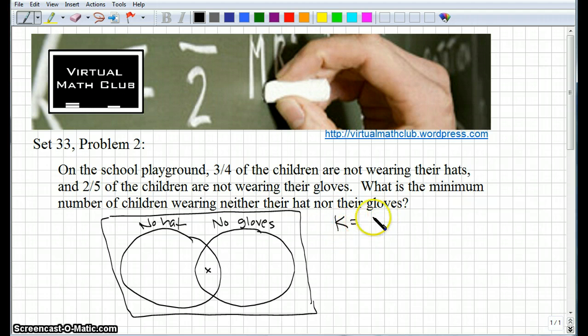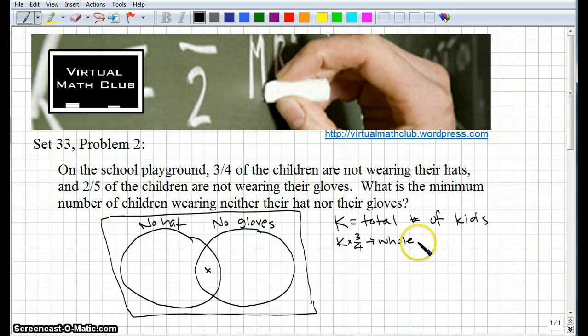So we'll say k is the total number of kids out there on the playground. And we know that if we take k times 3/4, 3/4 of the kids are not wearing their hats, we will get a whole number.